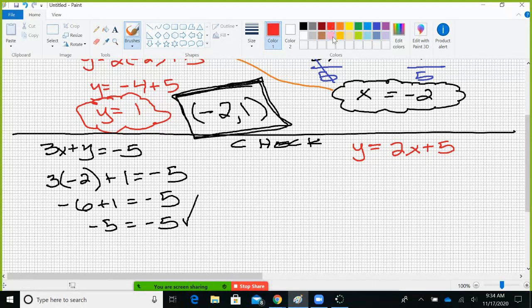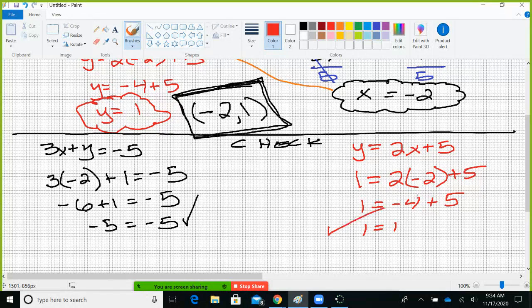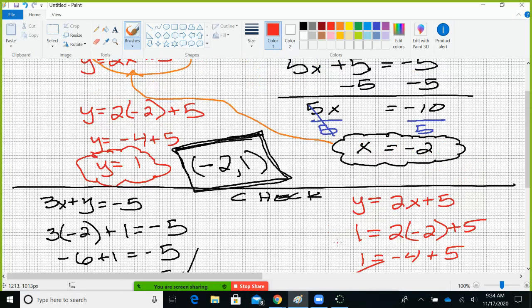Nice. Let's see if our other equation works. Our y value is 1. 2 times negative 2 plus 5. 1 equals negative 4 plus 5. 1 equals 1. Nice. That checks out also.